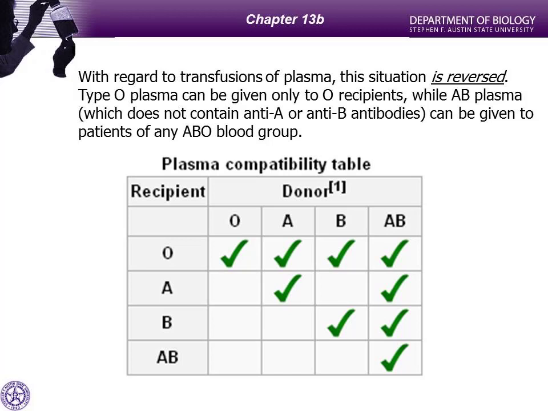Because you've already got the antibodies, and not blood, but plasma. Anything you get from anybody else is not going to have any antibodies you don't already have. But if you're AB, that plasma, you have no antibodies, so you can only get plasma from AB.